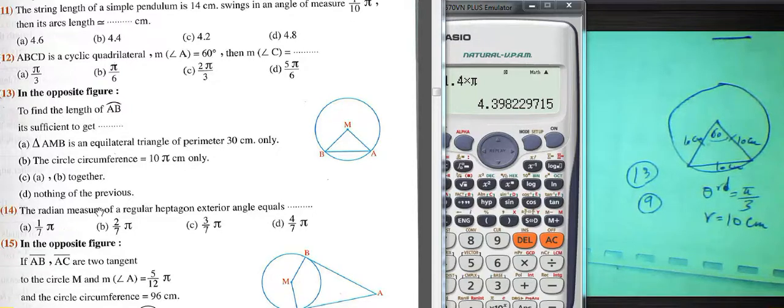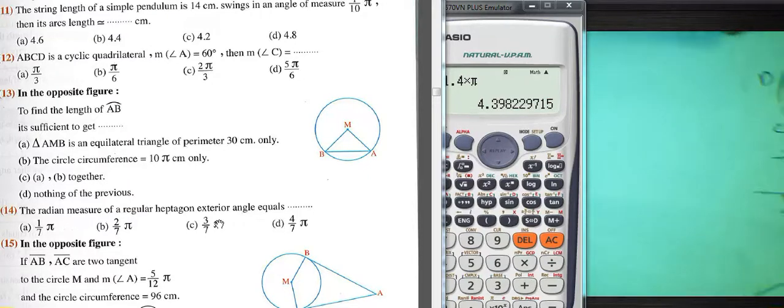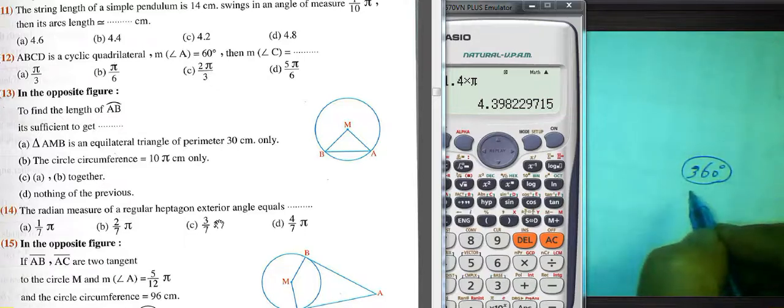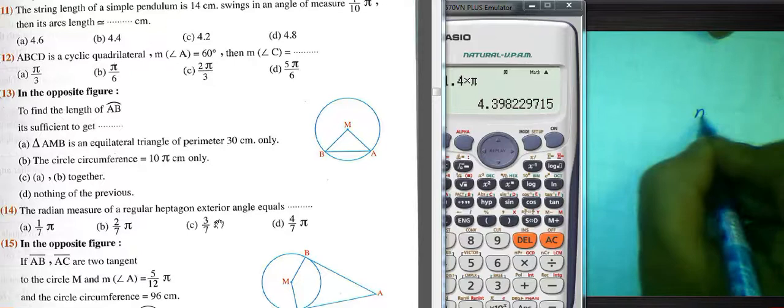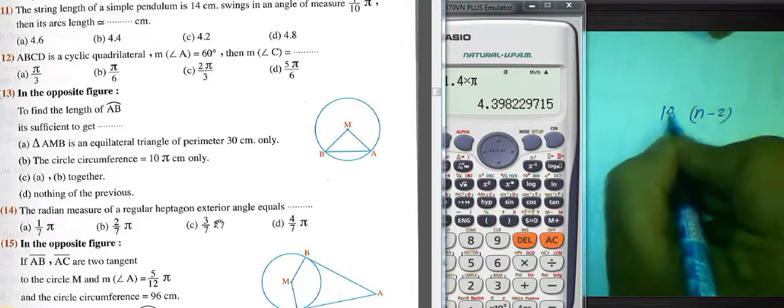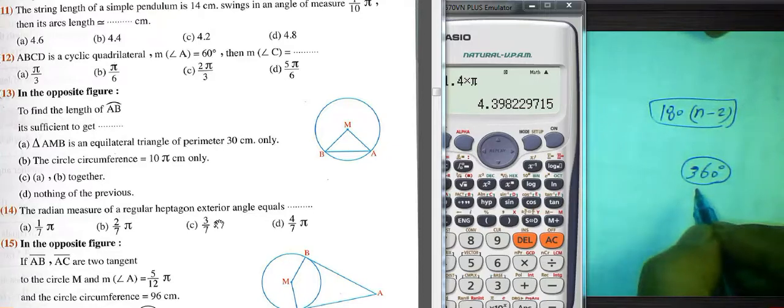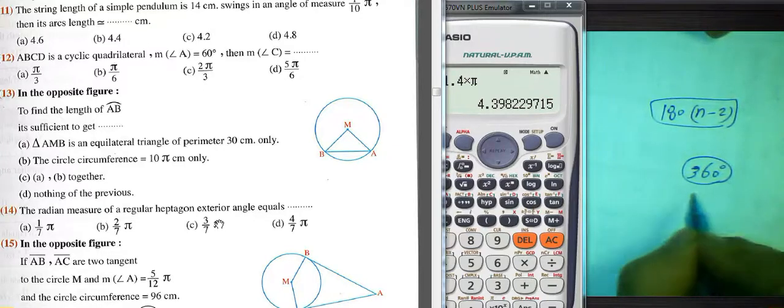Question 14. The radian measure of an exterior angle of a regular heptagon. In a regular polygon, the sum of the exterior angles equals 360. You must know this information about the exterior angle; the interior angles sum is (n minus 2) multiplied by 180, but for the exterior it is 360. 360 degrees is 2 pi.